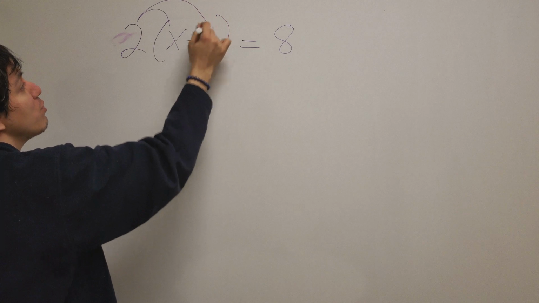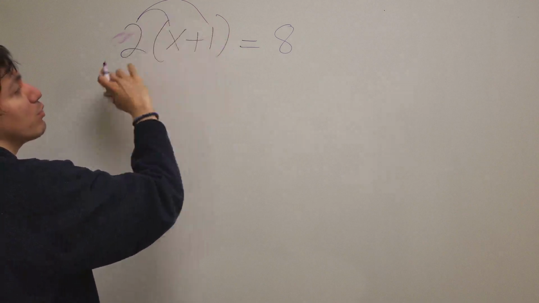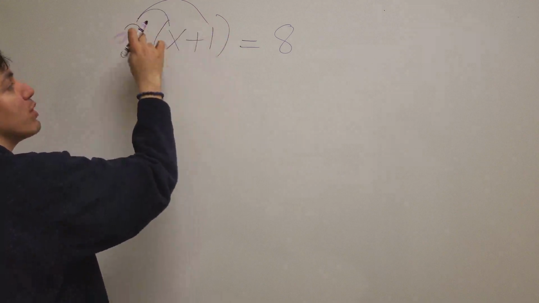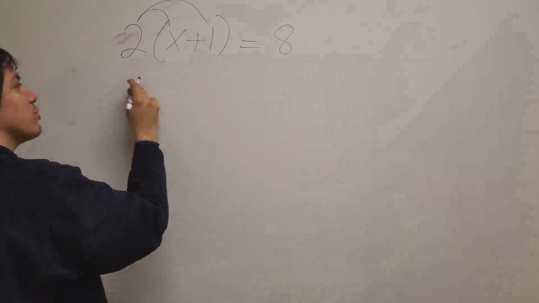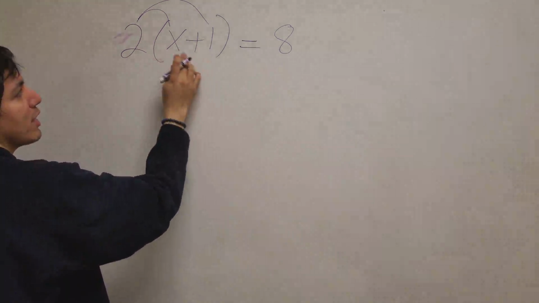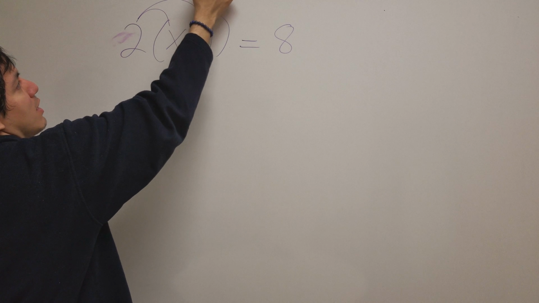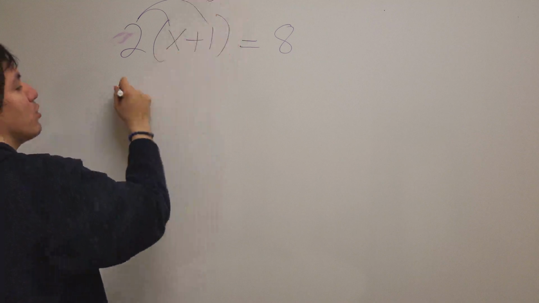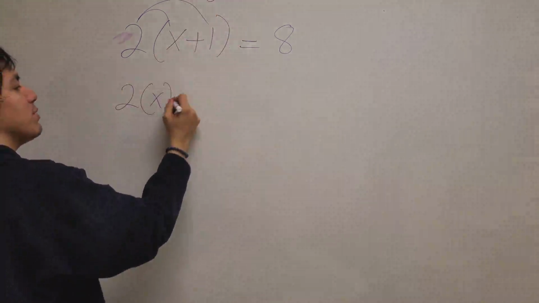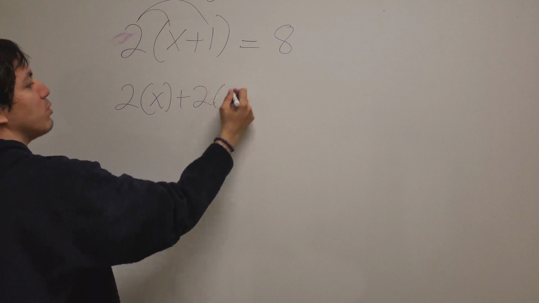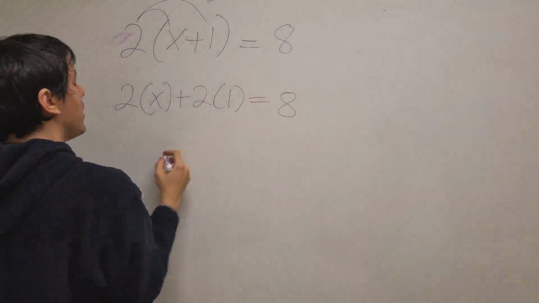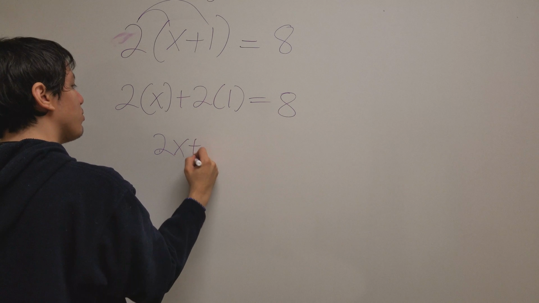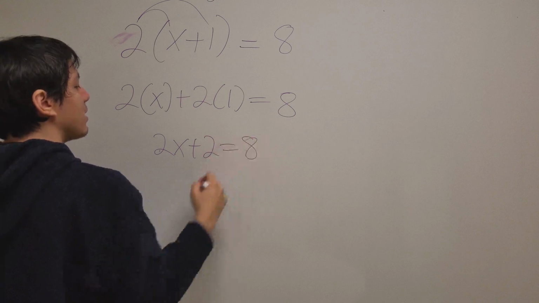So then you distribute the 2 into each term. When I say distribute, you're multiplying the 2 times x. You can do it this way. You could either do it simply by looking at it by saying this is 2x and then this is 2, or you can do it the long way by putting 2 times x plus 2 times 1 is 8, and then you're left with 2x plus 2 equals 8.